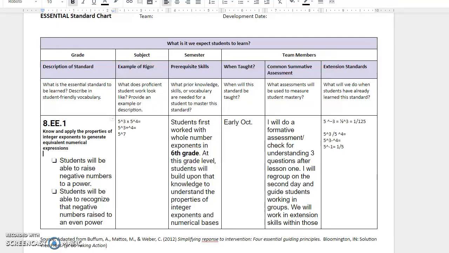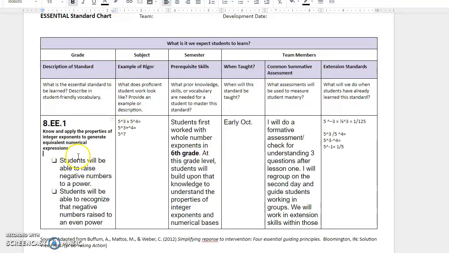Now, if I'm a parent and I'm looking at that, or somebody who is not an educator, that's probably blowing my mind. So what we do, so the students understand and know the steps of the standard and what we're teaching, is break that standard out into what skills we want our students to know.